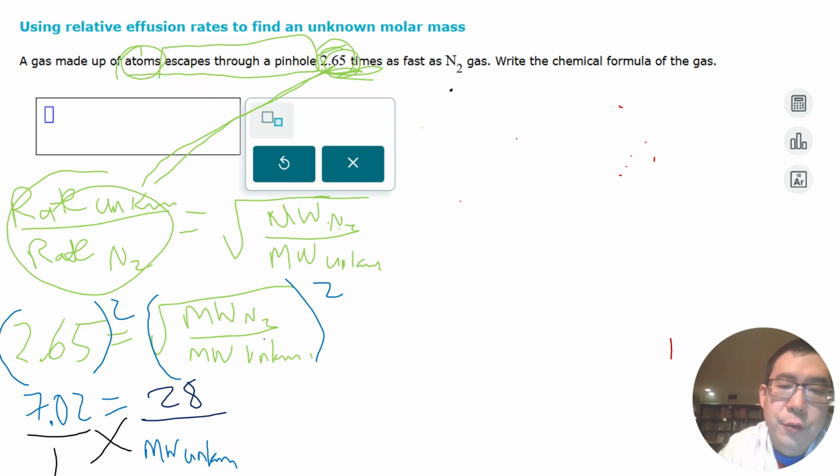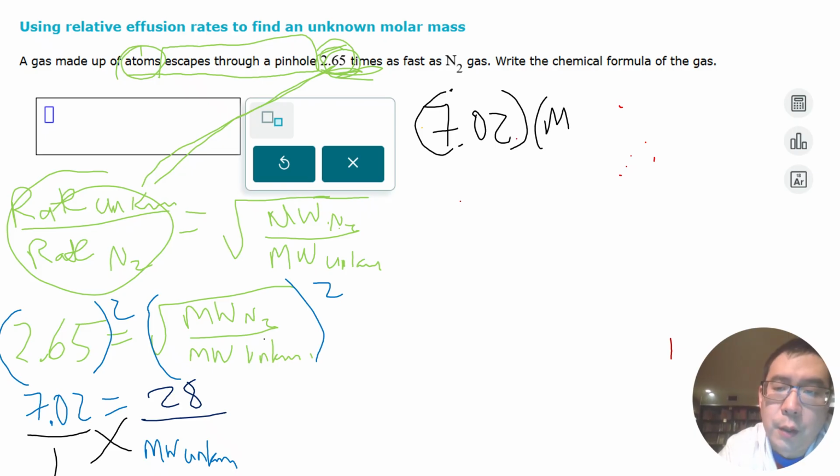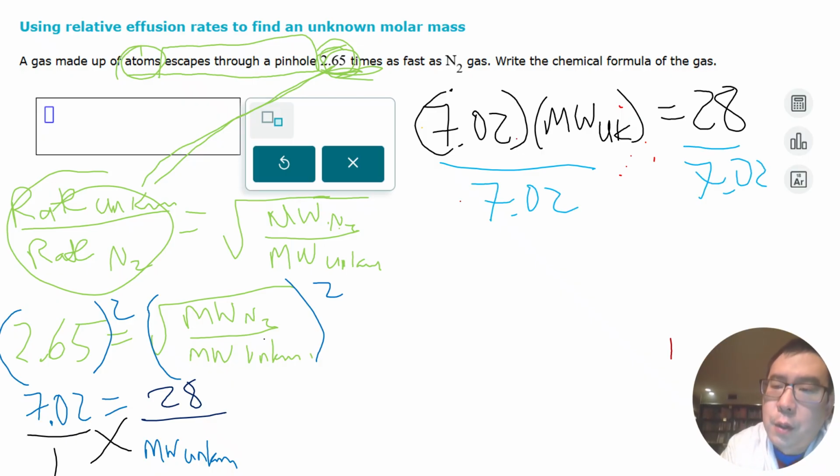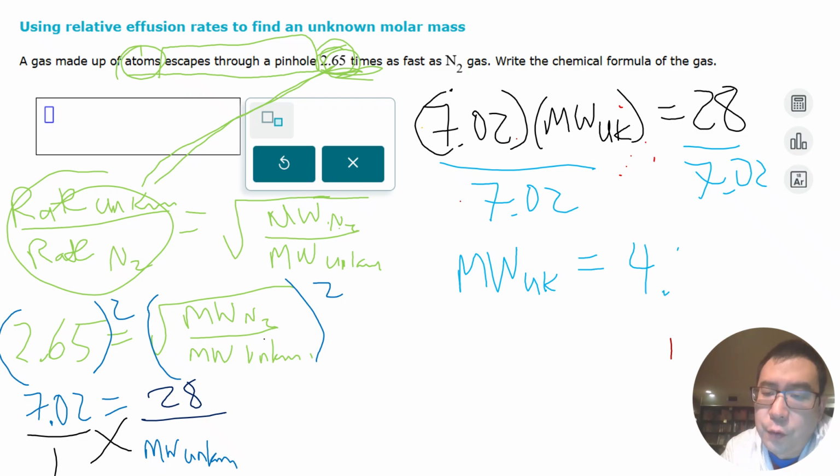And I get 7.02 times the molecular weight, I'm just going to call it UK here, unknown, equals 28 times 1. And then I divide both sides by 7.02. And I get the molecular weight of the unknown equals 28 divided by 7.02. That's 4.0.